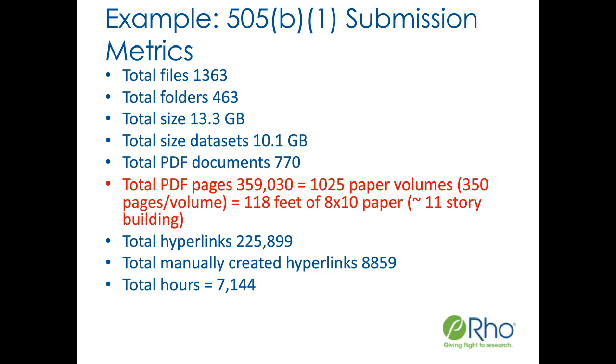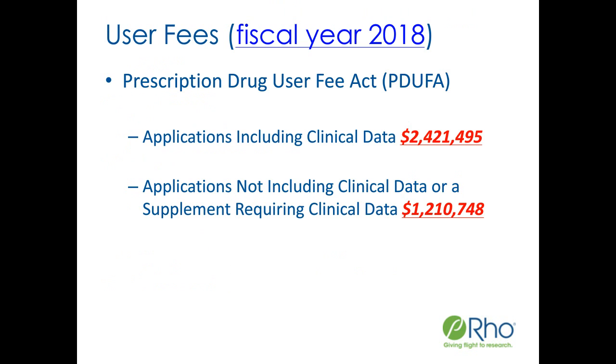The fiscal year 2018 user fee is on the order of $2.5 million if it's an original NDA. If it's a 505(b)(2) and you don't require clinical data, you can get away with a simple $1.2 million.